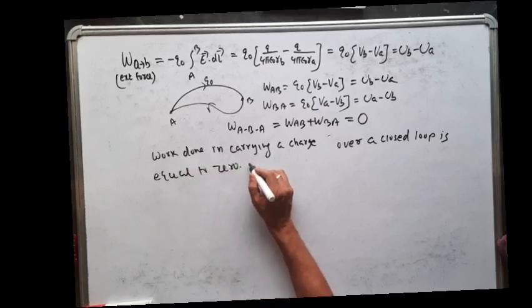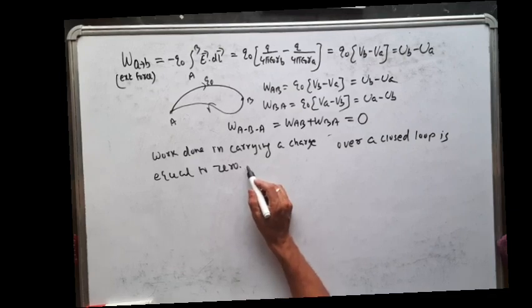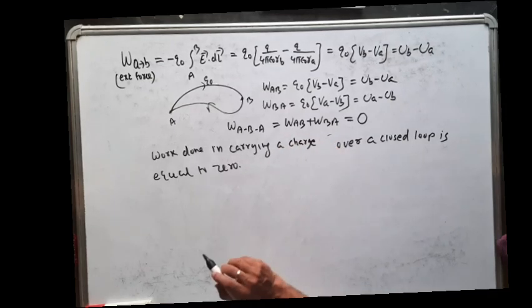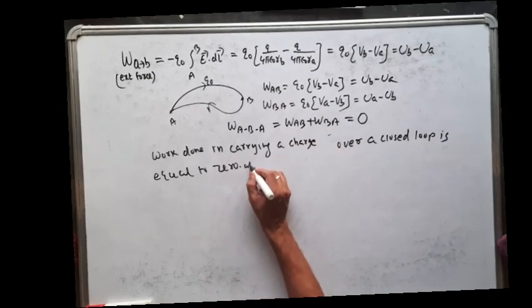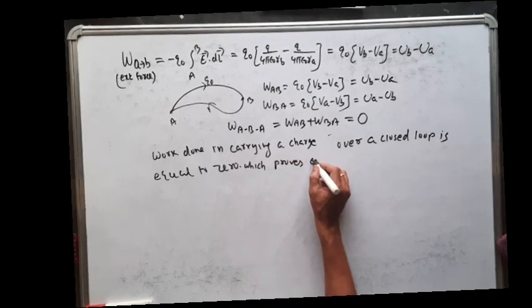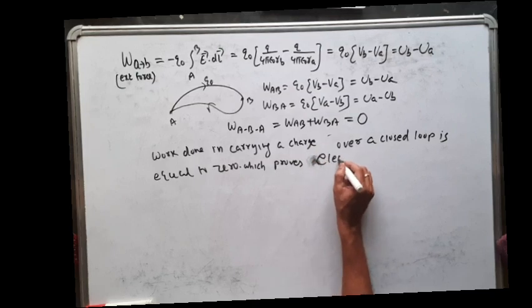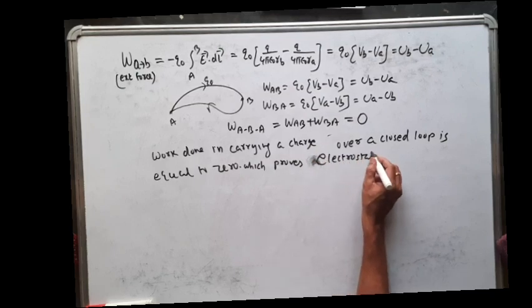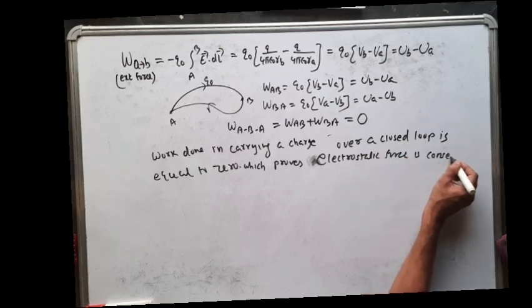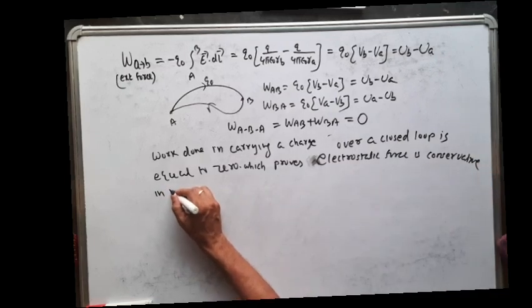This is also a special characteristic of a conservative force. In the conservative force case, the work done in a closed loop is always 0, which proves that the electrostatic force is conservative in nature.